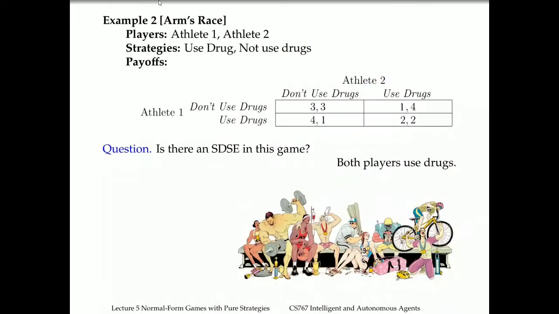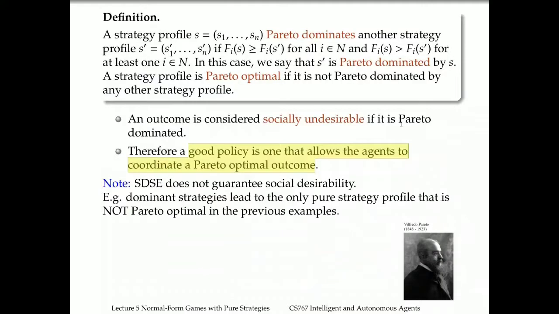Apparently, under our assumption that the players would choose the strictly dominant strategy, that would not lead to a Pareto optimal solution. So SDSE does not guarantee social desirability. For example, the dominant strategy leads to the only pure strategy profile that is not Pareto optimal in the previous example.